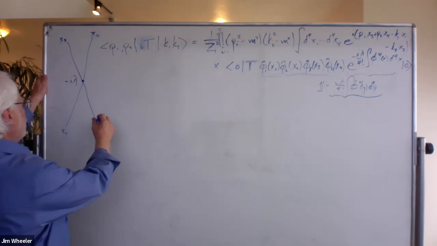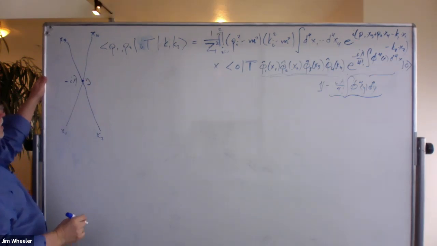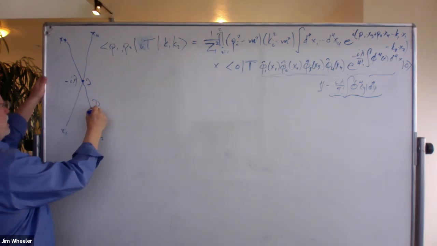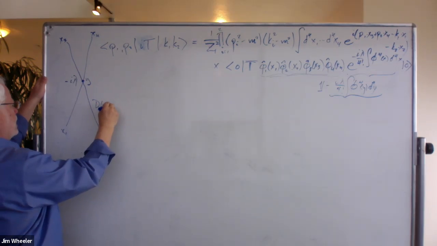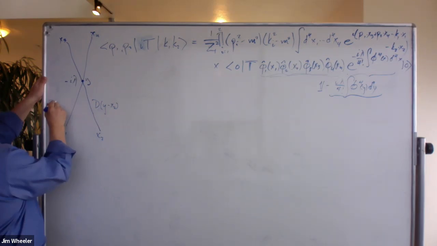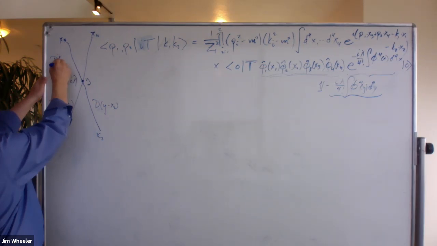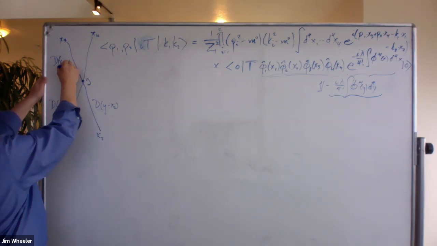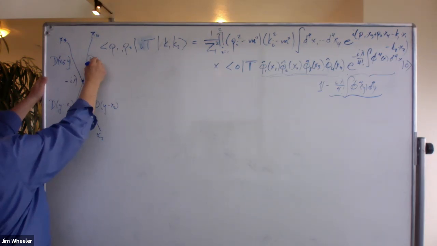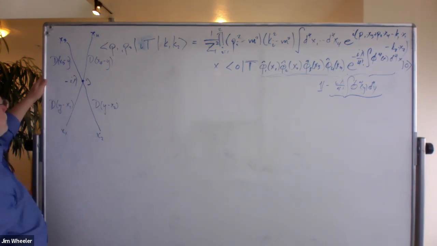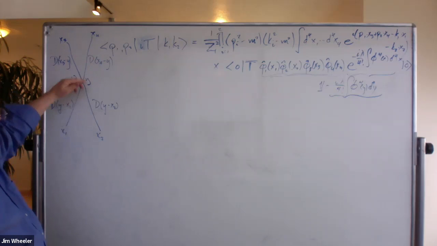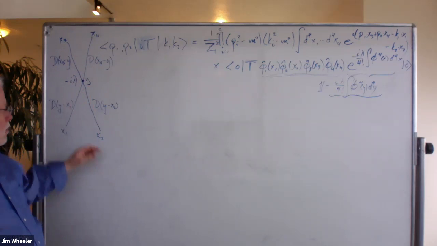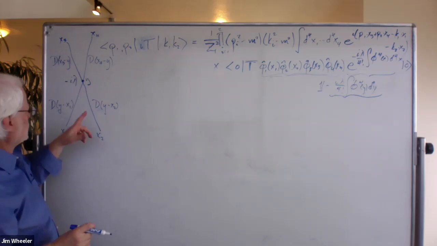But this diagram, if this occurs at a position Y, then we have a D, let's call it Y minus X2 here, a D Y minus X1 there, a D X3 minus Y here, and a D X4 minus Y here. And the 4 factorial is going to cancel because those Y's are all interchangeable here. They're all at the same point. They all just commute.